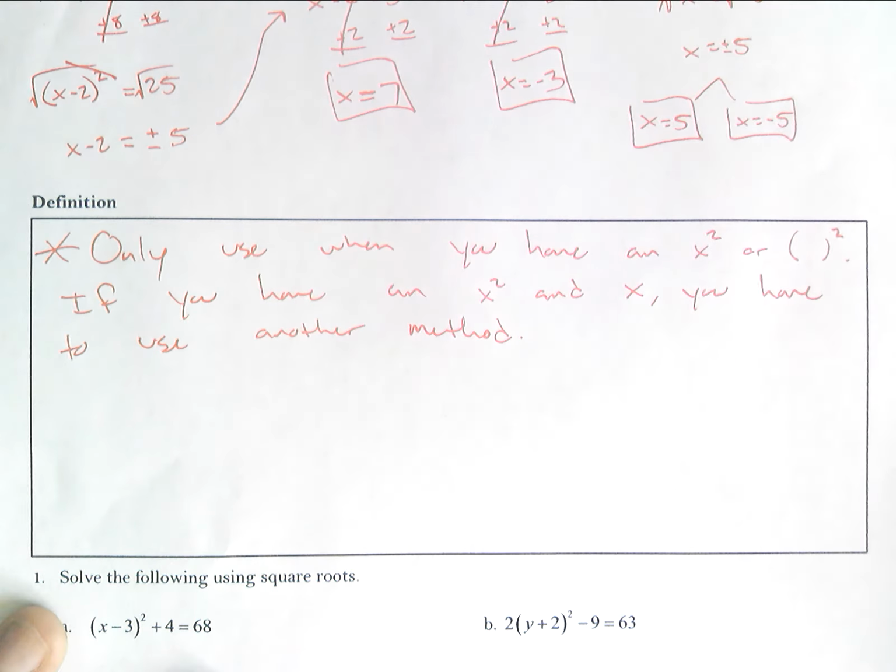So you can only use this when you have only an x squared, or only parentheses squared. If you have an x squared and an x, then you cannot use this method. You got to use another method.